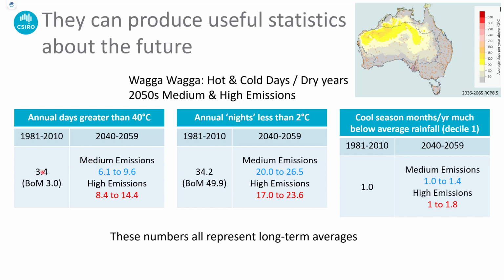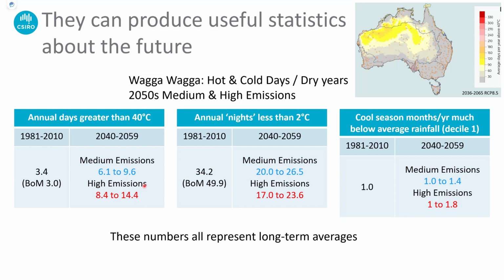But if we compare this 3.4 with what the projections say for the middle of the century under medium emissions, we've got 8 models that we've used to do this, and that gives us a range of between 6.1 and 9.6 days per year where the maximum temperature gets above 40. Under a high emission scenario, they're hotter, and that's to be expected. There's a greater number of days when we exceed 40 degrees, 8.4 to 14.4.